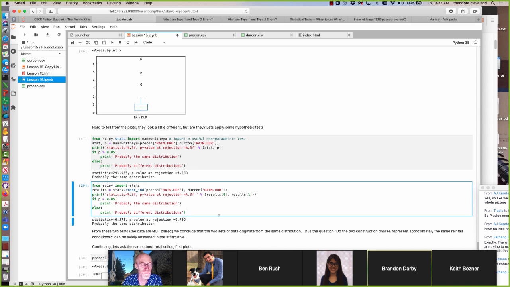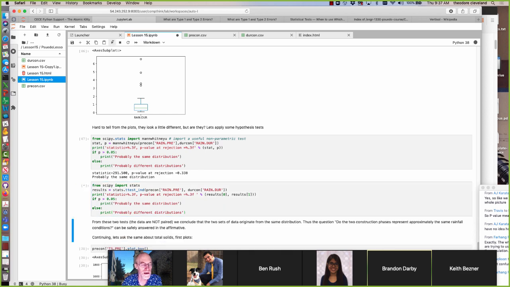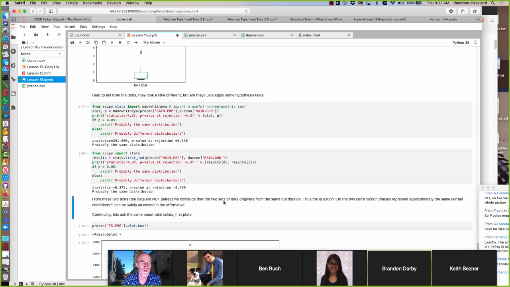We can't use paired t-testing, but we can use an ordinary t-test, and we'll pretty much arrive at the same conclusion. We do not have evidence in the sample that the rainfall was significantly different in a statistical sense at the 5% rejection level, or 95% confidence, that the rainfalls are, for all practical purposes, the same in a statistical sense.